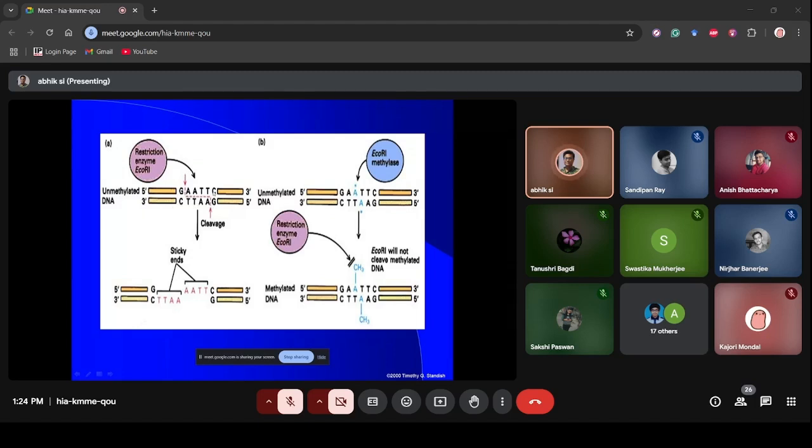Reading the upper strand left to right and the lower strand right to left, you get the same sequence. If it cuts between G and A in the upper strand and also between G and A in the lower strand, then this single DNA molecule is fragmented and gives two fragments. Now there are two DNA molecules.